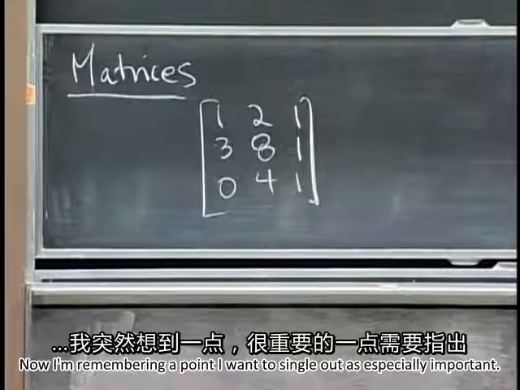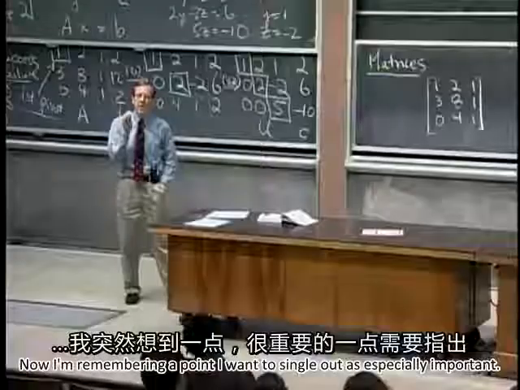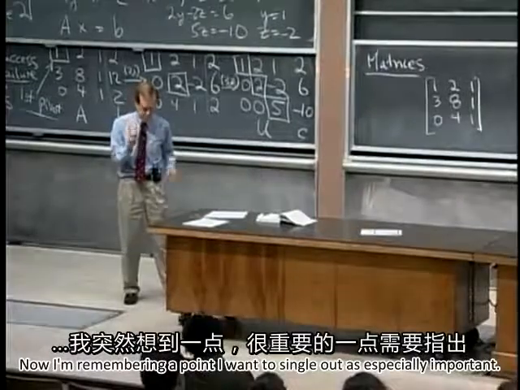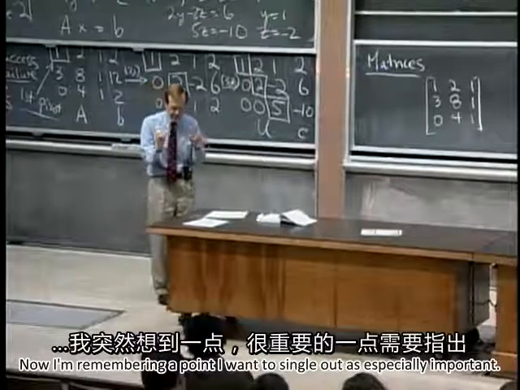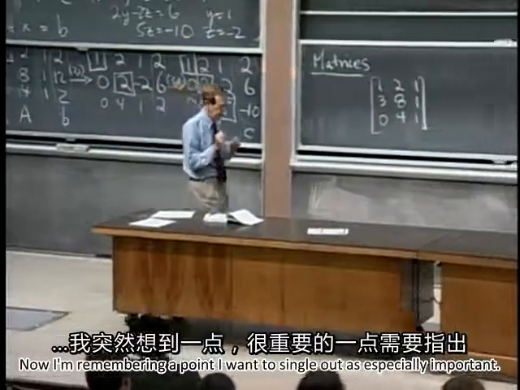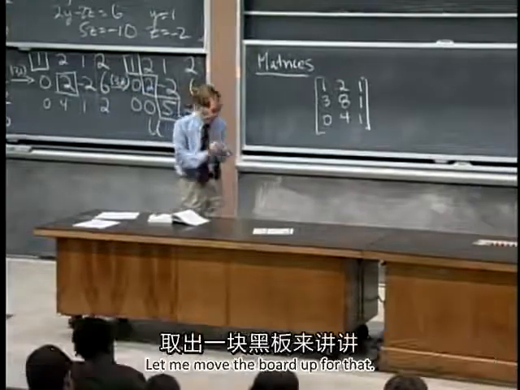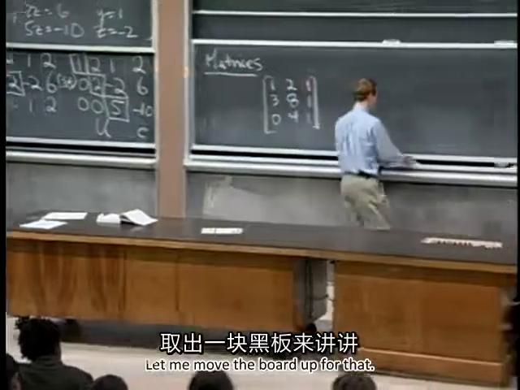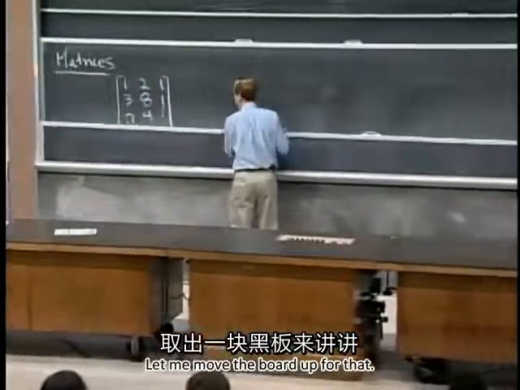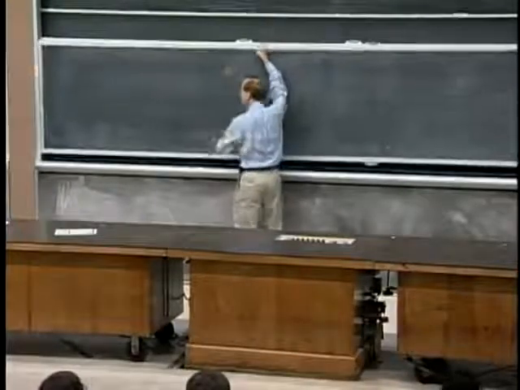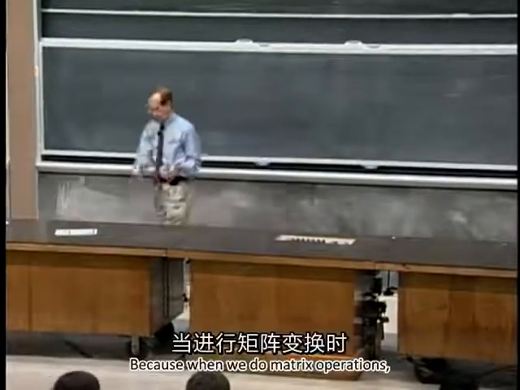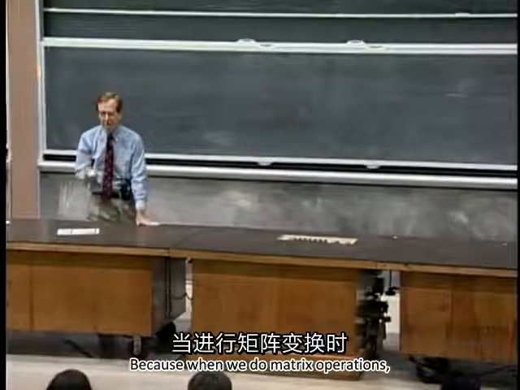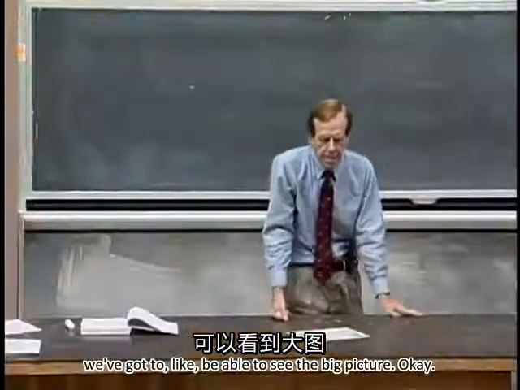Now, actually, I'm remembering a point I want to single out as especially important. Let me move the board up for that. Because when we do matrix operations, we've got to be able to see the big picture.